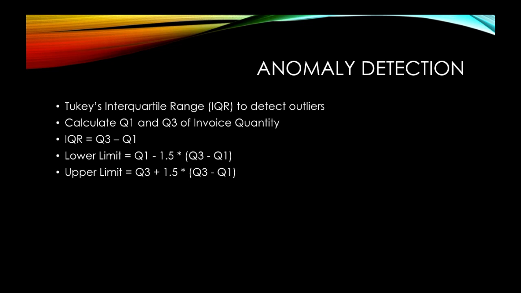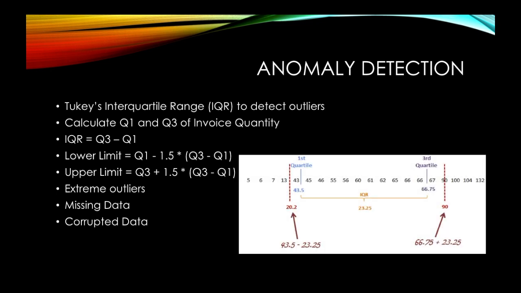This fence basically keeps the outliers outside. In our case, we have only considered extreme outliers. We can add such an anomaly detection technique on the rest of the data as well to detect missing or corrupted or suspicious data. This figure shows the general idea behind this technique. These are the outliers in this case.